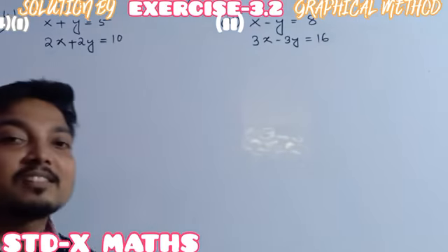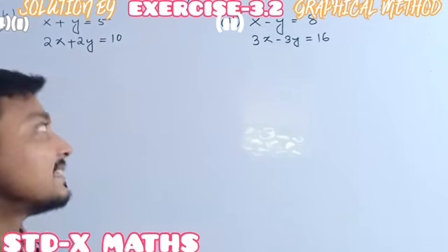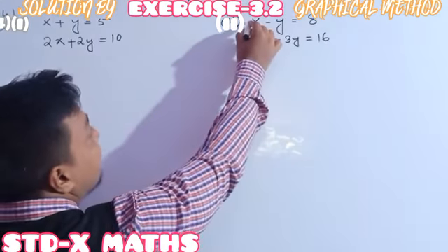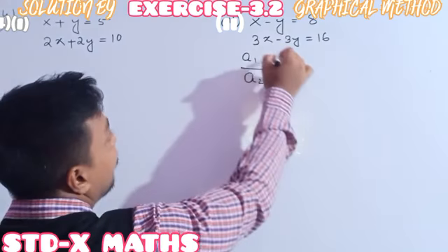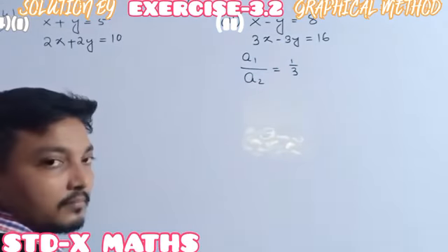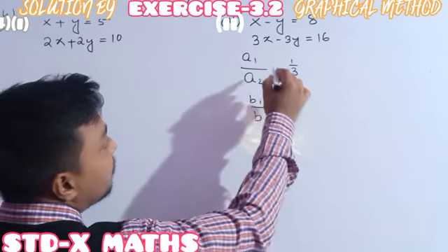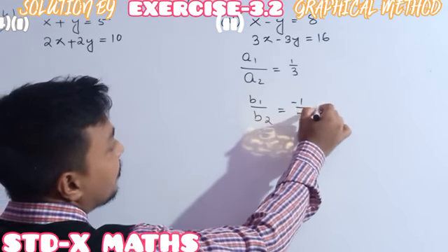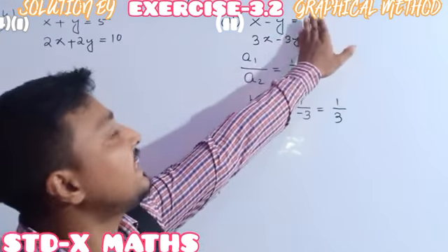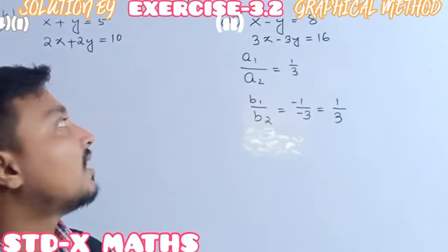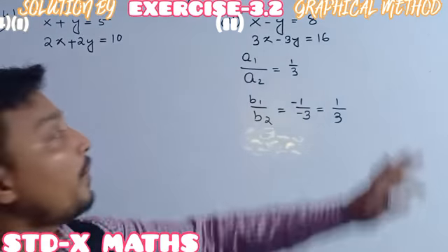Okay, how to check whether it is consistent or inconsistent? By checking the ratio of their coefficients. See, here a1 divided by a2 is 1 by 3. Here b1 divided by b2 is minus 1 divided by minus 3, which gives us 1 by 3. Here I kept c on the right side. Actually, the standard form of a pair of linear equations is a1x plus b1y plus c1.